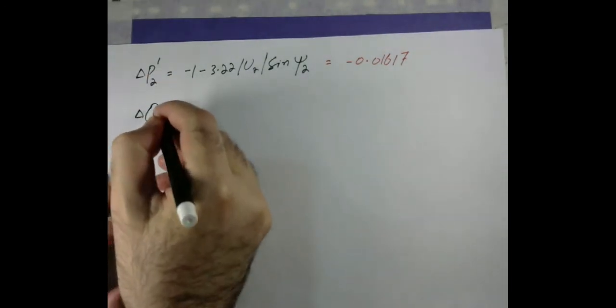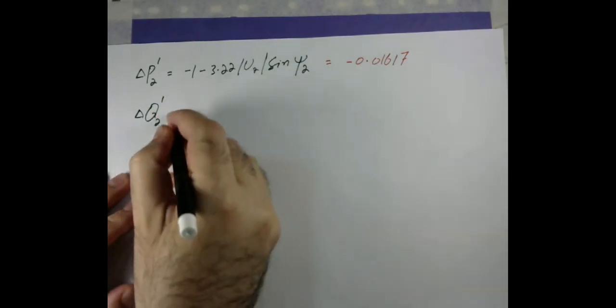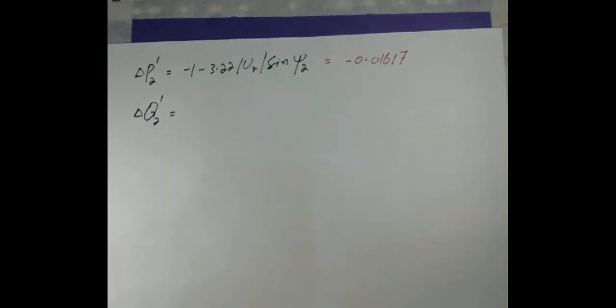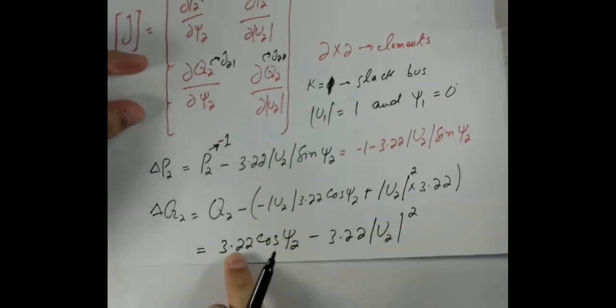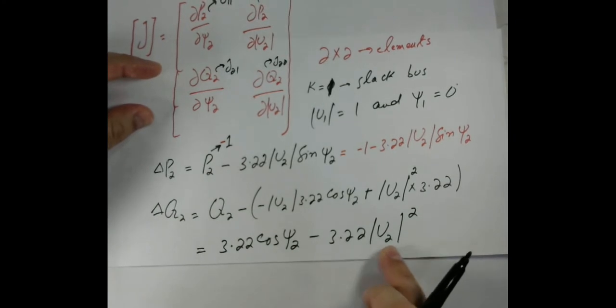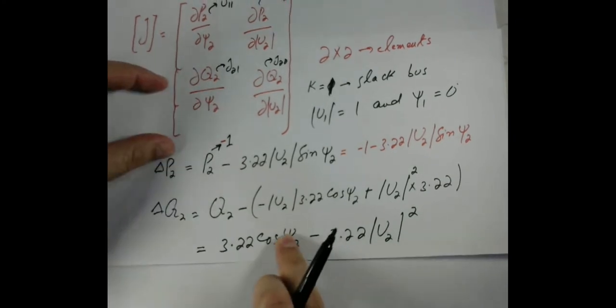So now similarly I will determine delta q2 1, which, if you remember, was equal to 3.22 cos of psi 2 minus 3.22 u2 magnitude square. Now this is 1, but this is no more 0.